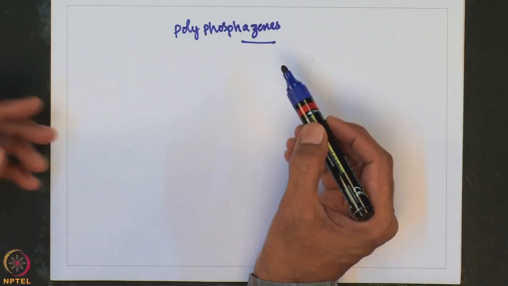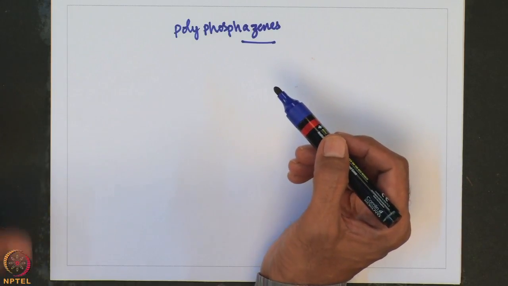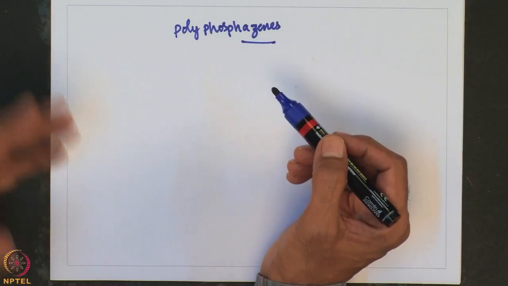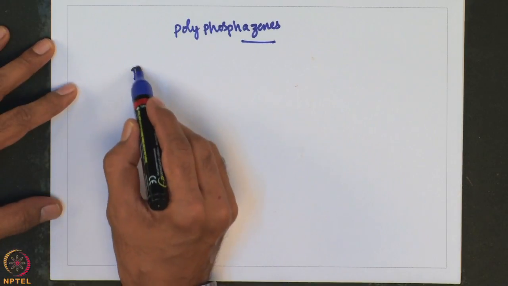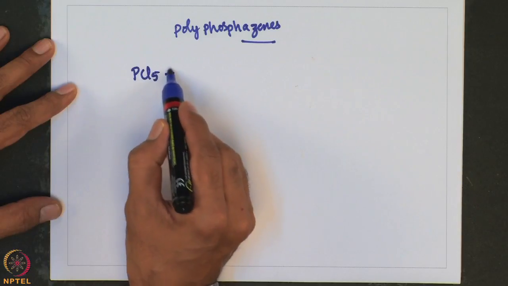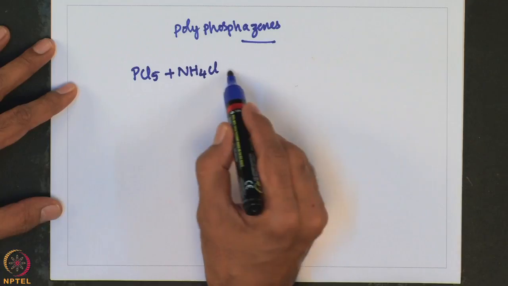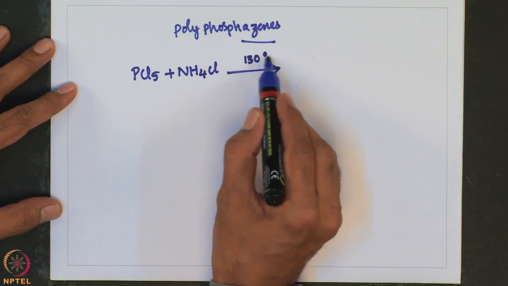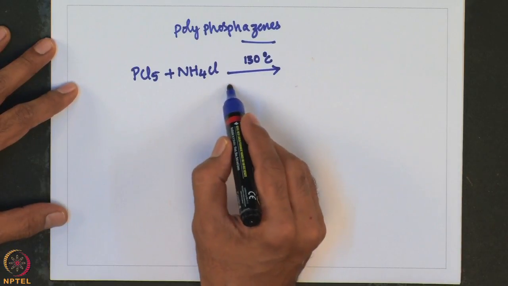Essentially, these polyphosphazenes can be prepared by mixing finely powdered PCl5 and ammonium chloride in a chlorinated solvent heated to 130 degrees centigrade. A preferred solvent is tetrachloroethane.